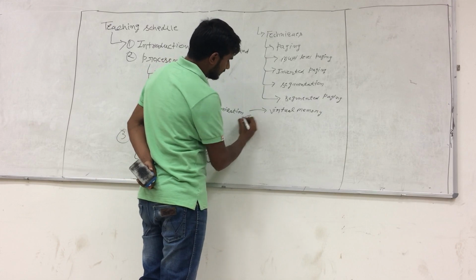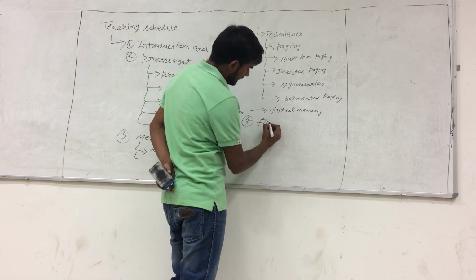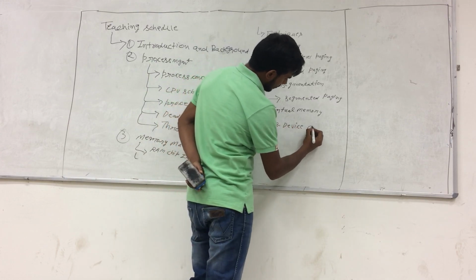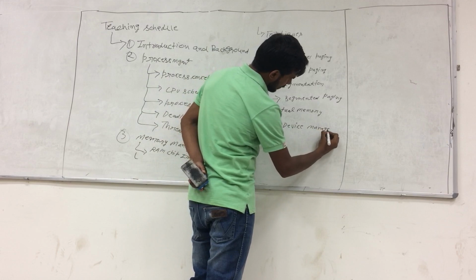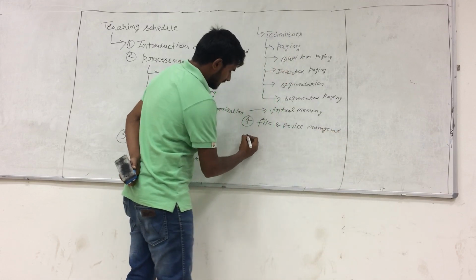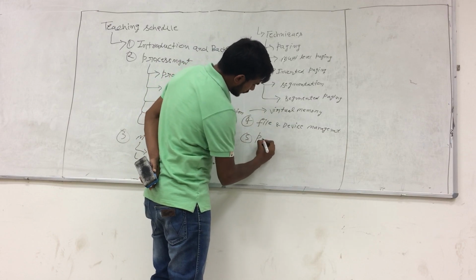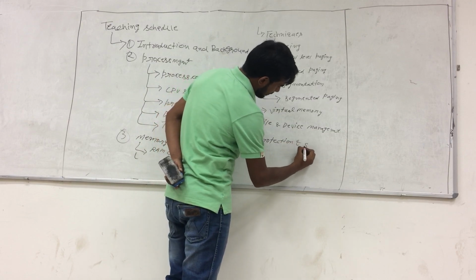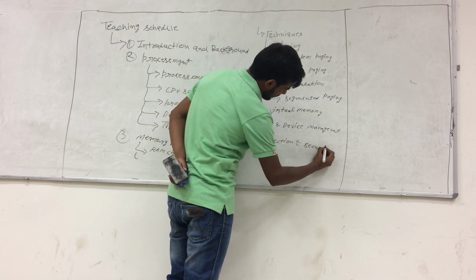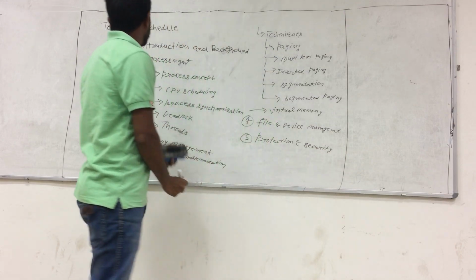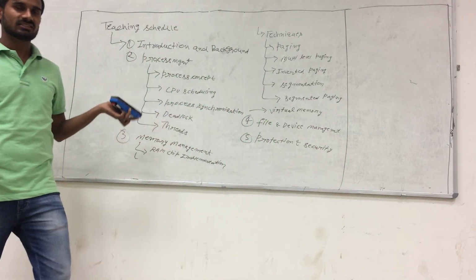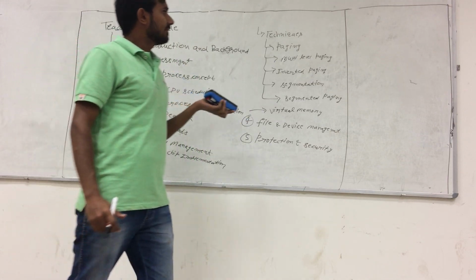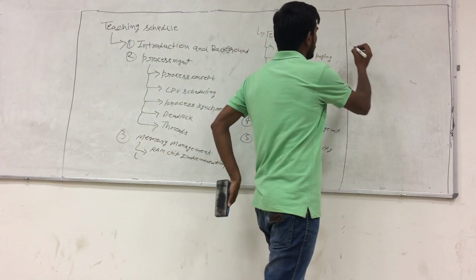In the fourth unit, we have to cover file and device management. Fifth is protection and security. These 5 units cover all the syllabus of the operating system, and for covering these topics, we are following 3 textbooks.